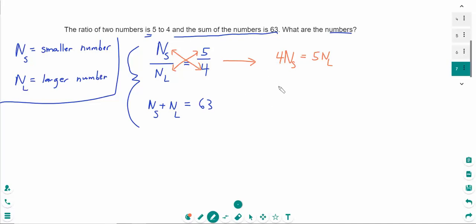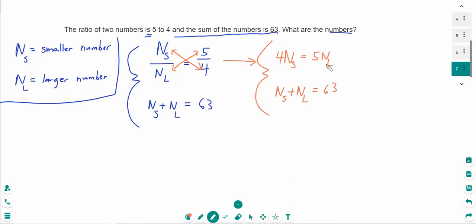So now we've got this lower one is n sub s plus n sub l equals 63. There is maybe a little bit of a nicer version of these two equations, and maybe a little bit more solvable for you. I think for me, I would probably think about using, well, you could go either way.